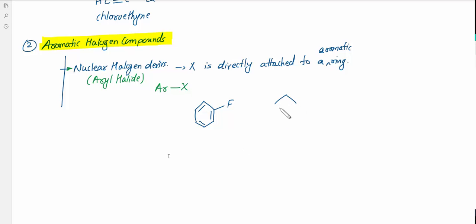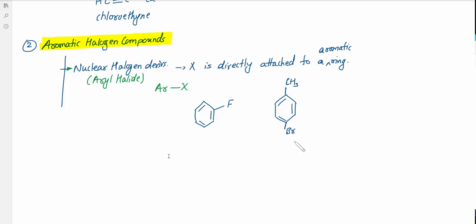In the same way there can be another aromatic ring which already has a substituent. Say for example it has a CH3, I mean a CH3 substituent, and on top of that it is also having a bromine atom connected like this. So this position is called the para position, right?